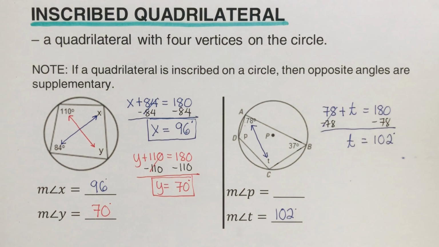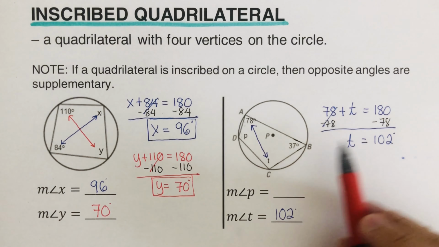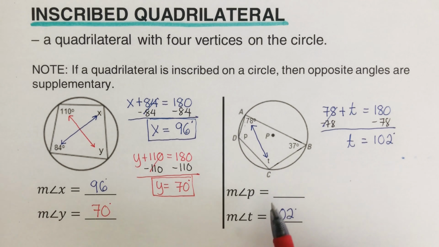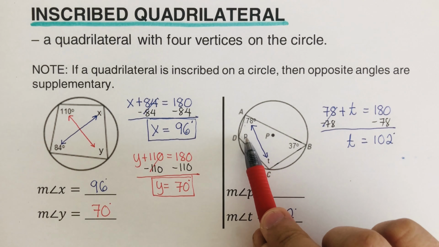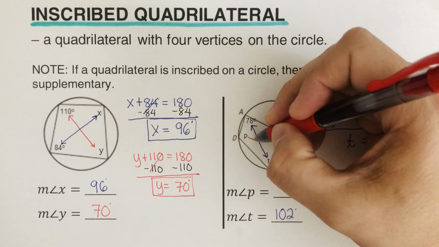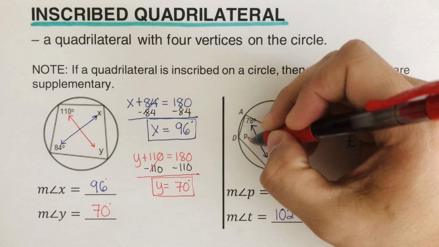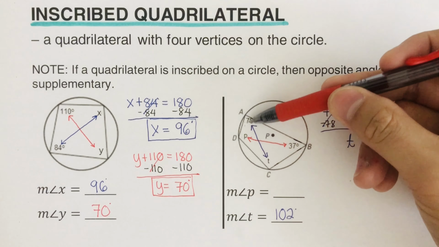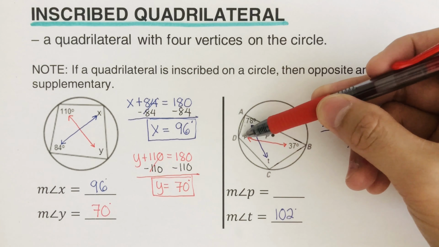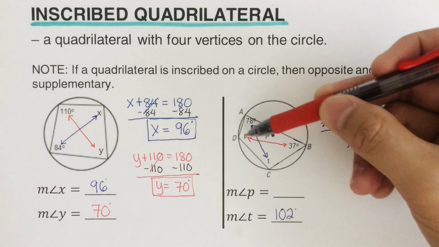Now, we are going to determine the measure of angle P. Angle P is right here, that's missing. We are going to pair this up with its opposite. These two are adjacent, so you don't partner them up. It's the ones that are across that are supplementary, not adjacent.